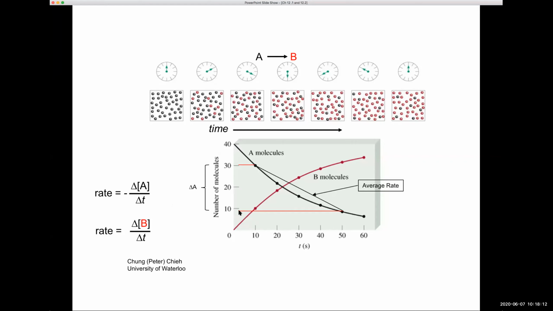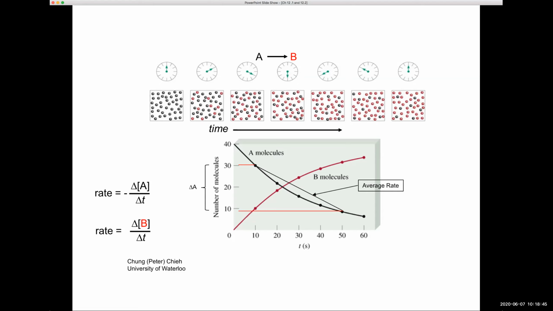9 minus 30 approximately. So if we go 9 minus 30, we'll have minus 21. So the delta A is equal to minus 21. And then 50 minus 10, that's the delta T, which is 40.